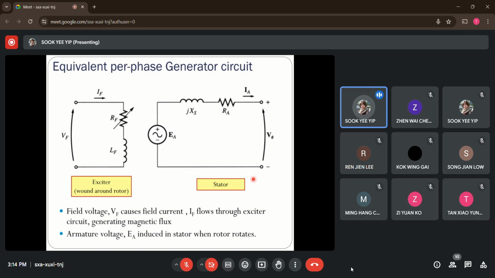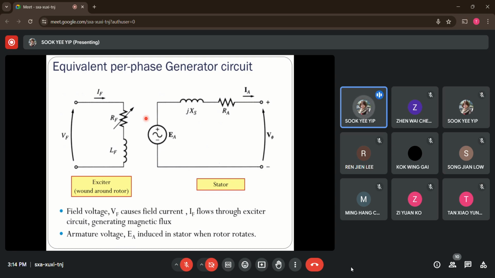Then at the right-hand side, we have the stator winding equivalent circuit. Based on Faraday's law, you can notice that there will be a voltage induced here, in the stator, whenever the rotor rotates and cuts through the magnetic flux.